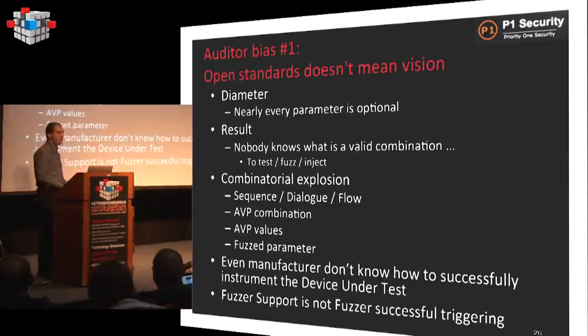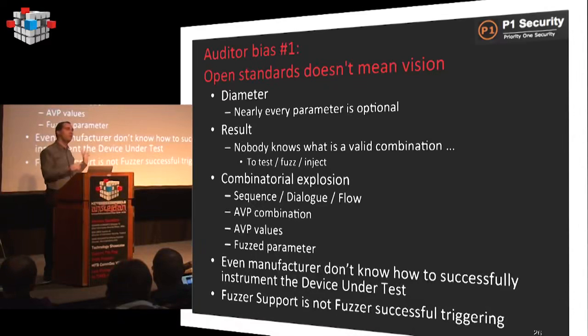So when you have this kind of protocol, it depends on the dialogue, the flow, the business process going on with the user, the subscriber. There are these AVP combinations that you need to do, which are specific to that. The AVP values, some of them must be fixed, and within all this address space, all this problem space, you need to fuzz the content of Diameter.